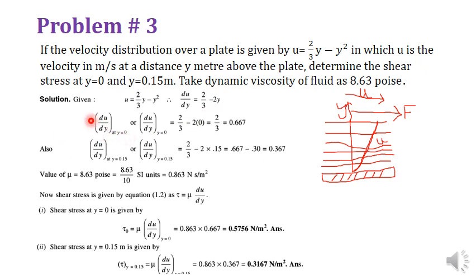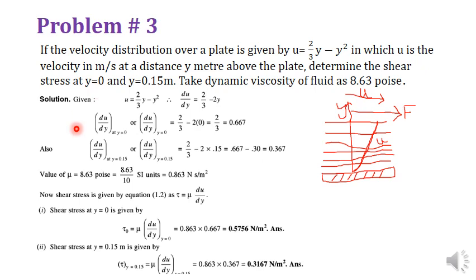This differential, the dependent value, is very important. So du/dy, the rate of change of velocity with respect to y, has to be determined at y equal to 0 and y equal to 0.15, the two unknowns needed in the problem statement.